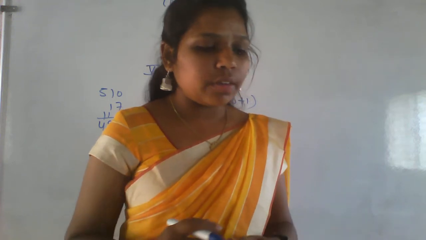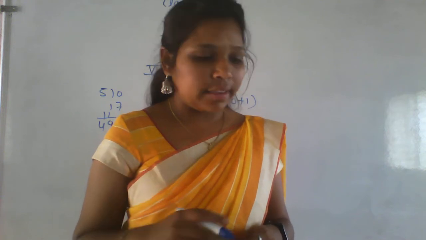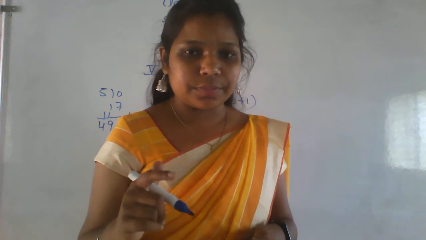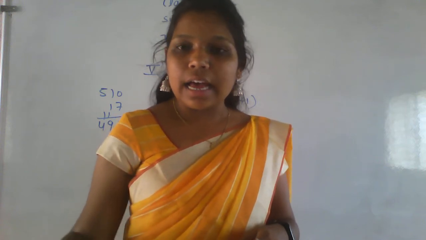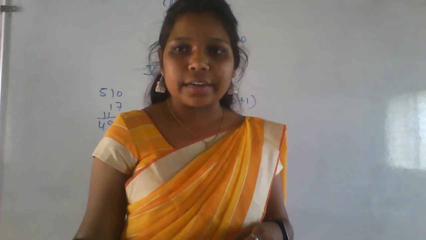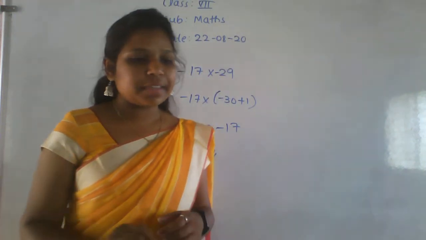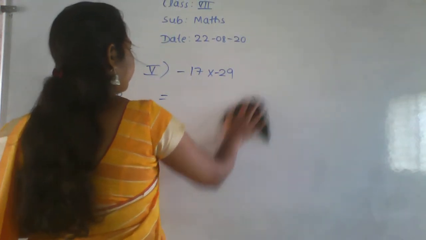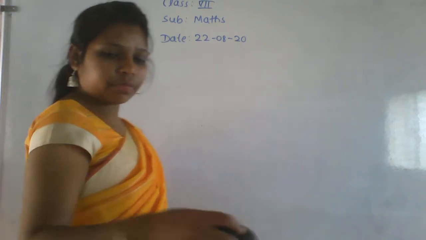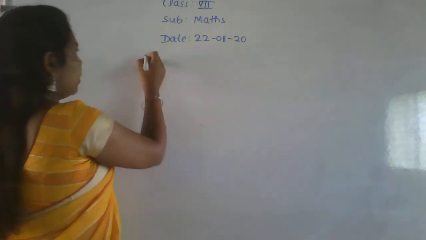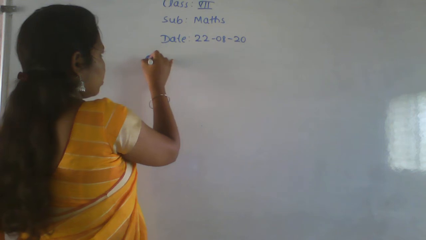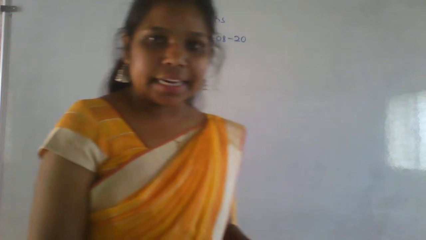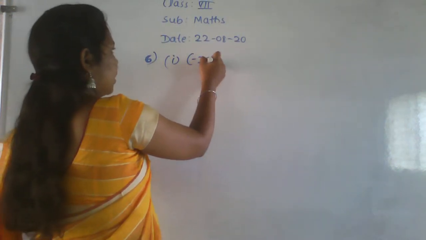Okay, so next we'll go for the sixth main, that is express the following as a product of two factors. In sixth main, the first one is minus 28.